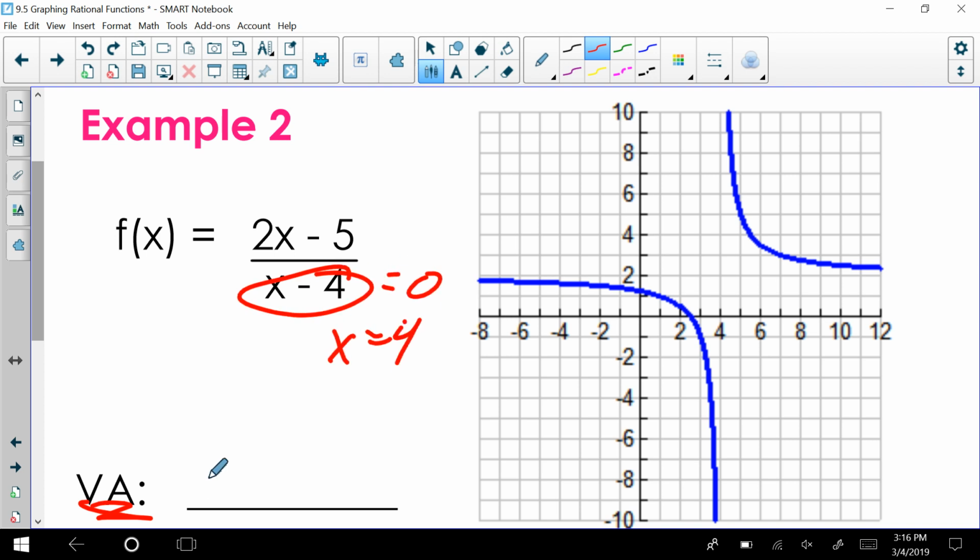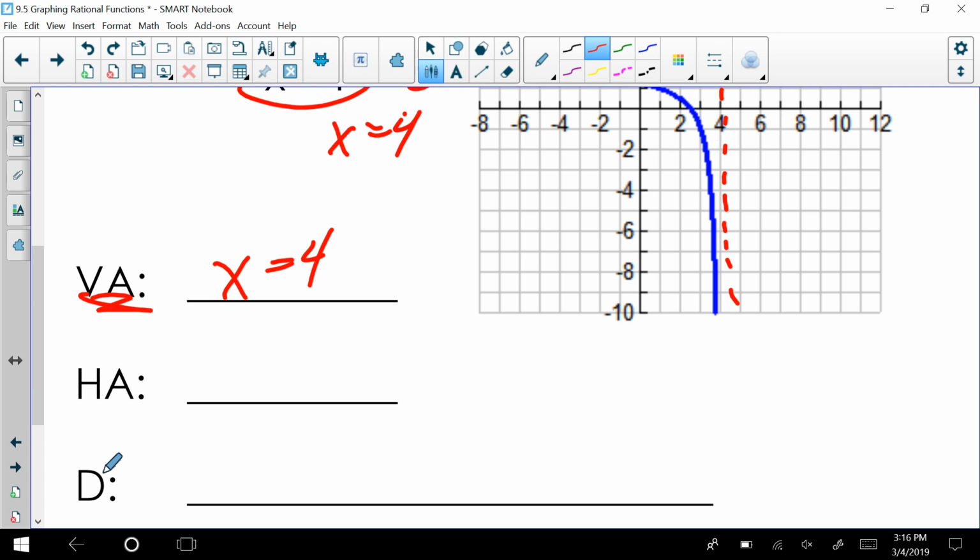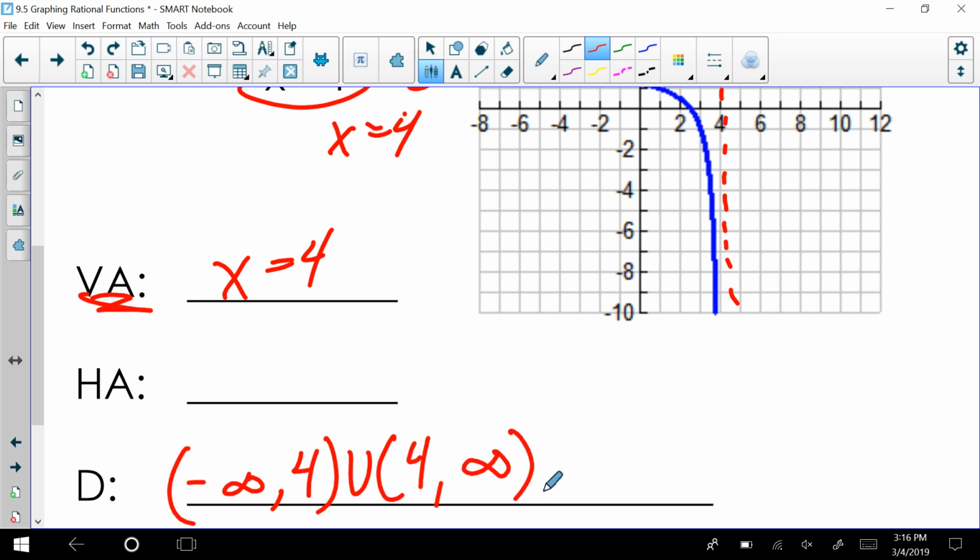Well, that's x equals 4. Okay, x equals 4. If I were to draw that, that's here. Here, I think I'll jump right down here to the domain. Oh, it'll go -infinity until the vertical asymptote, so 4. Then it needs to jump, then it'll pick right back up, and then it'll go. There's the domain. That wasn't too bad.